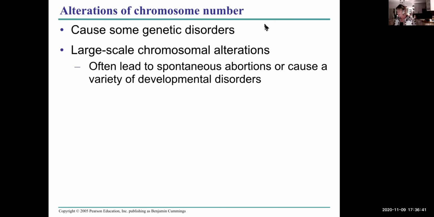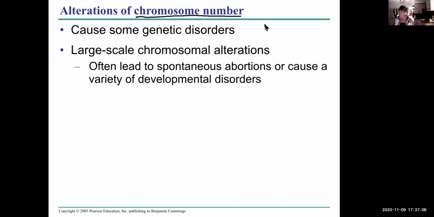So if there is an alteration of chromosome number, it can cause some genetic disorders. During meiosis, the chromosomes are separated. But sometimes they don't get disconnected during that separation. So you have something called nondisjunction.